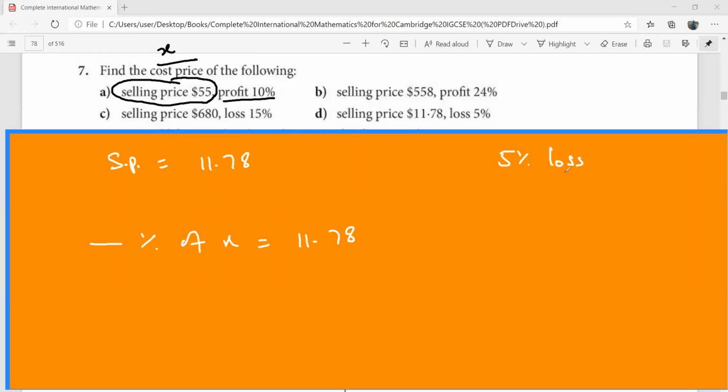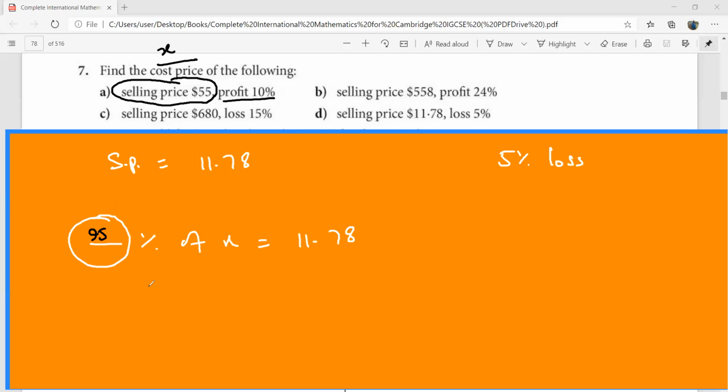Since there's a loss, should this percentage be more than 100 or less than 100? Less, because there is a loss. So I'll be writing here 95%. Okay, guys, 95% of X is going to be 11.78.